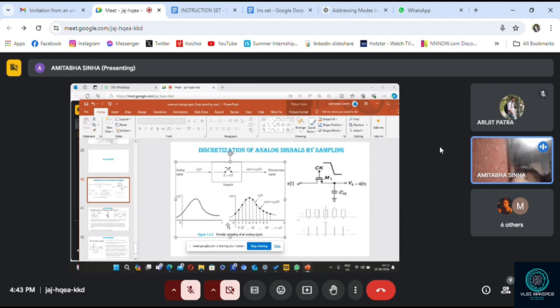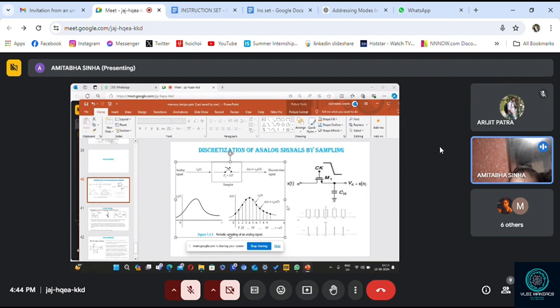First, let's understand how a signal, because in nature, all signals will come in analog form. From analog to digital, the process has 3 steps. One is sampling. Second is quantization, and third is encoding.